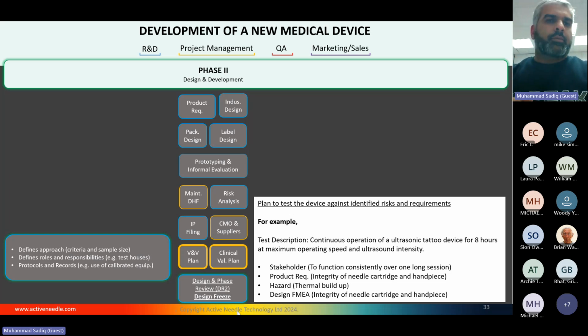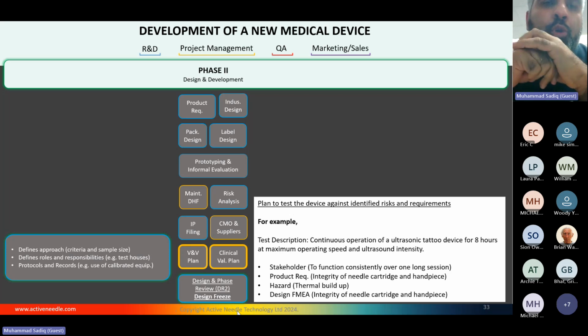Verification and validation. Again, I highlighted the difference between verification and validation. This essentially confirms that you have designed the right product.